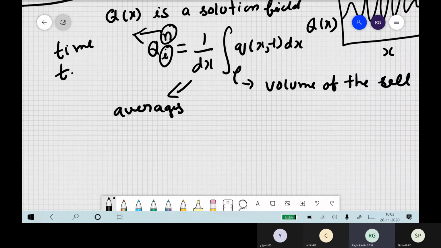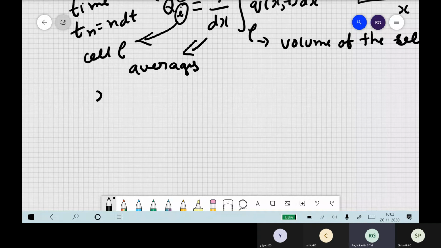So t^n is equal to n times dt. The lower index is related to space for a one-dimensional problem, and it indicates the cell, for example cell i minus 1 or the previous cell. Now we have a cell centered at x equal to xi, the same thing we drew previously.